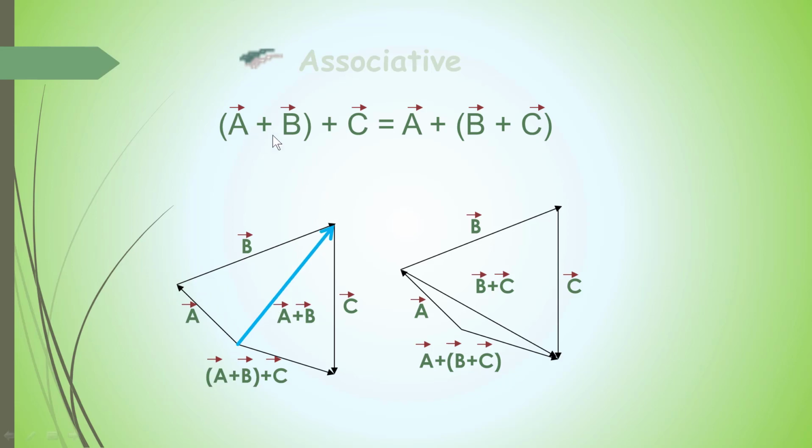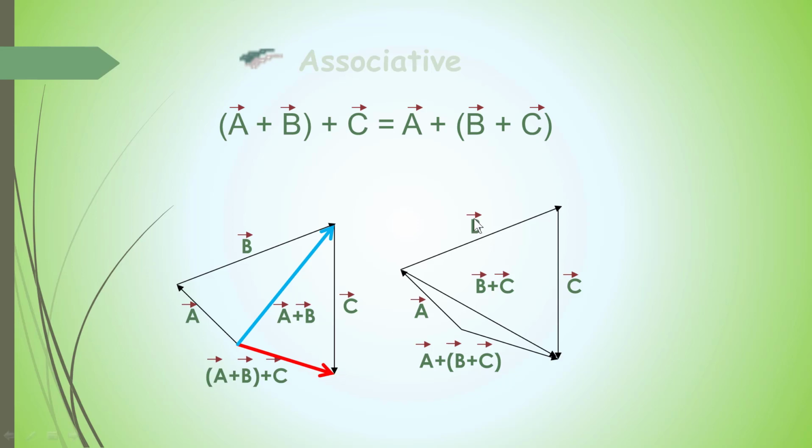Then to this resultant a plus b, we add vector c. Okay, we add vector c over here and we get the resultant a plus b plus c. This is our final resultant.